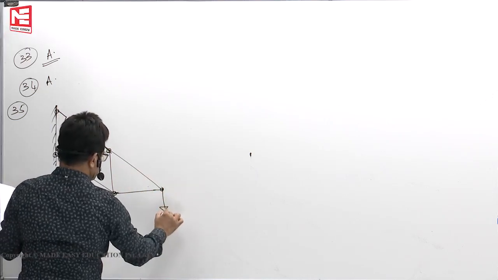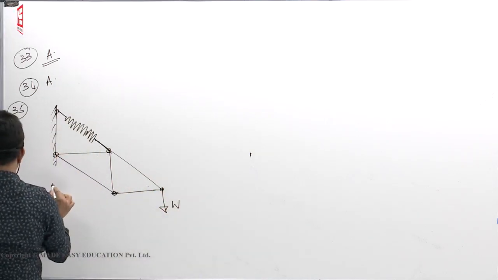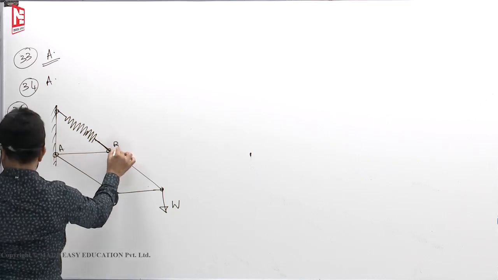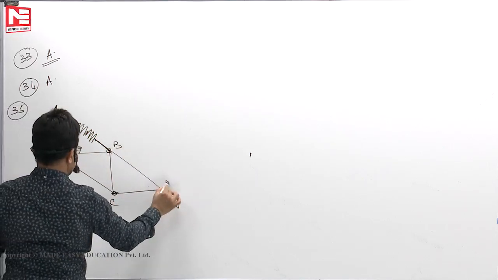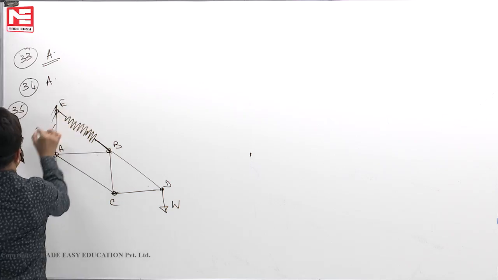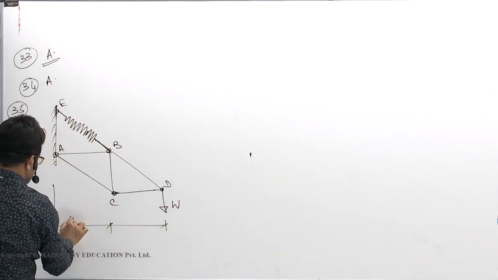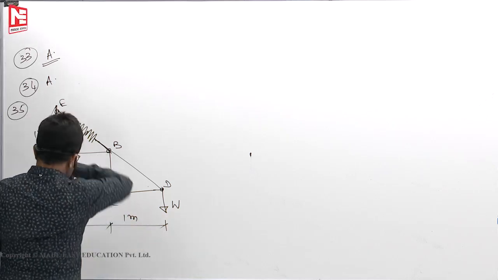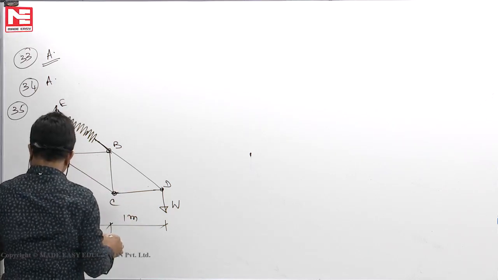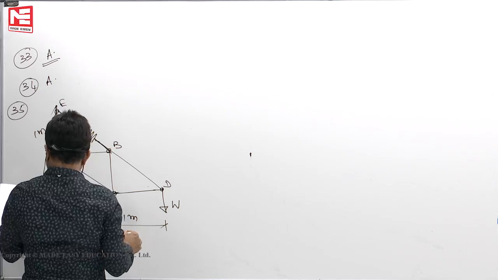There is a load W. The points are A, B, C, D, E. This is 1 meter, 1 meter, 1 meter. Now, this is the problem.